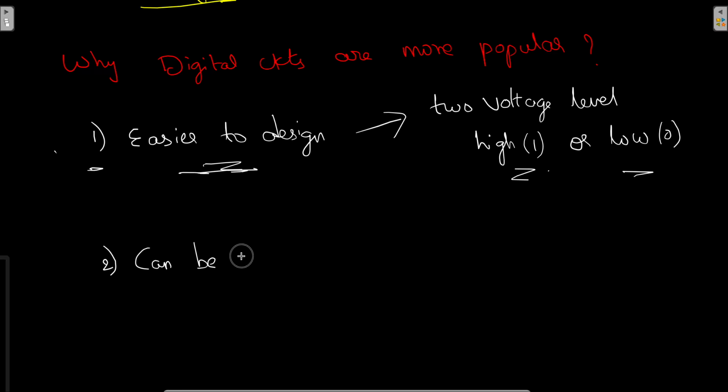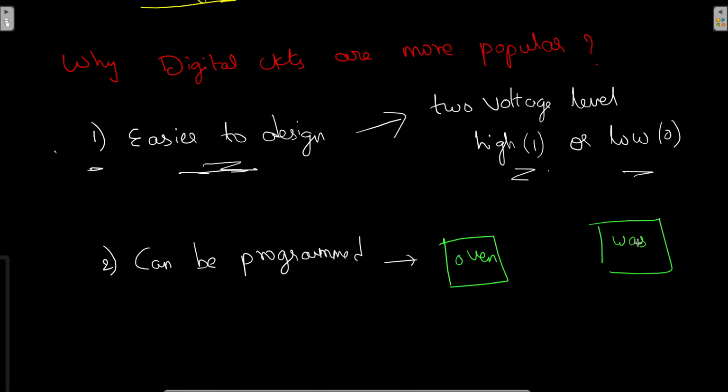they can be programmed. Means now I am taking one oven and I am taking one washing machine. For both, I am designing one digital circuit.